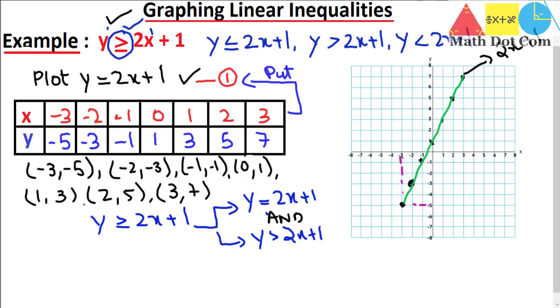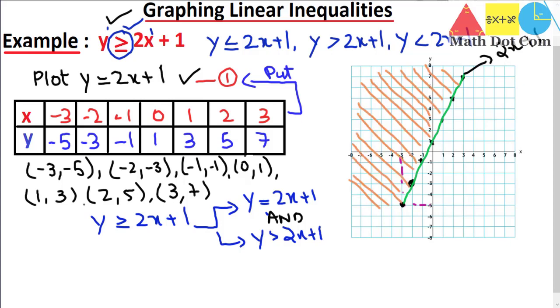So when we shade the solution set of this inequality, we have to consider all the area above this line, because we have the inequality of greater than. If I shade the area, I will get this whole area. I have just randomly marked it. The green line represents the equality.